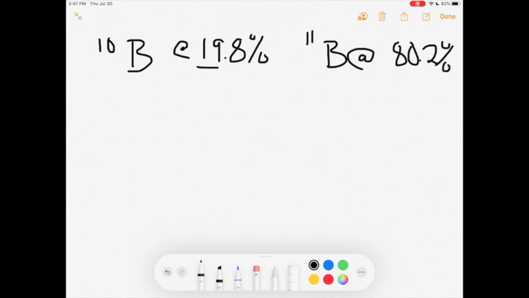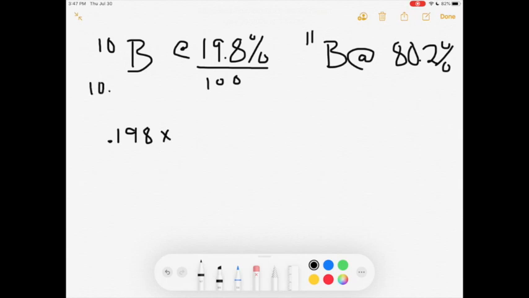So we know we're going to divide this by 100. That's going to give us 0.198. And then we're going to multiply that by the mass of boron 10.